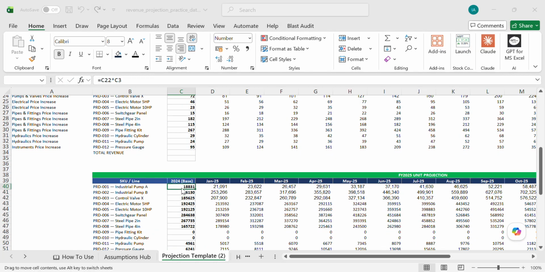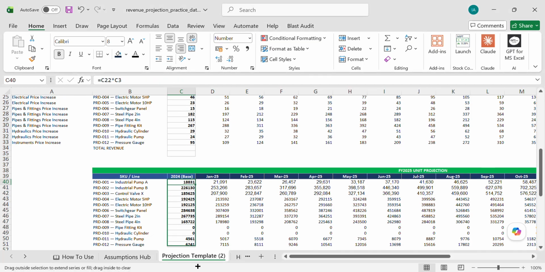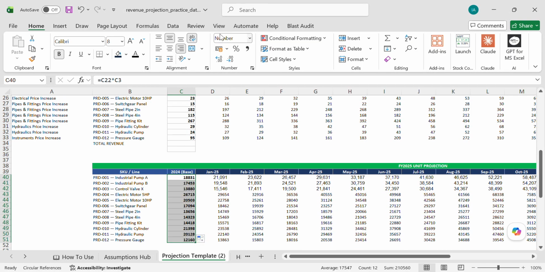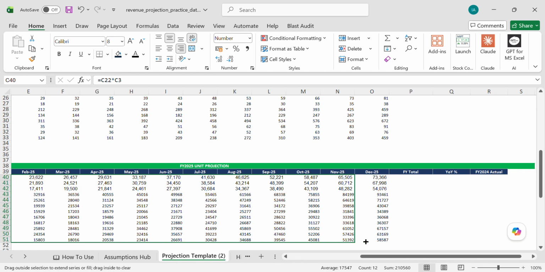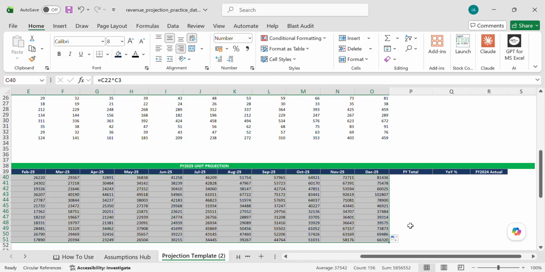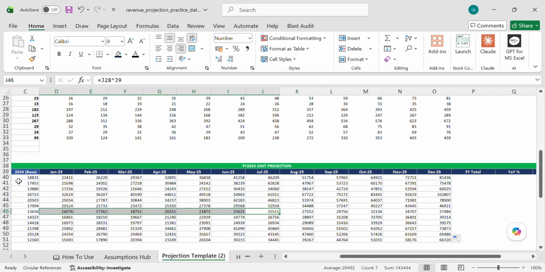This gives you the revenue, month to month revenue, historic. So this is it. You can drag this one across. Perfect. So this is our revenue.